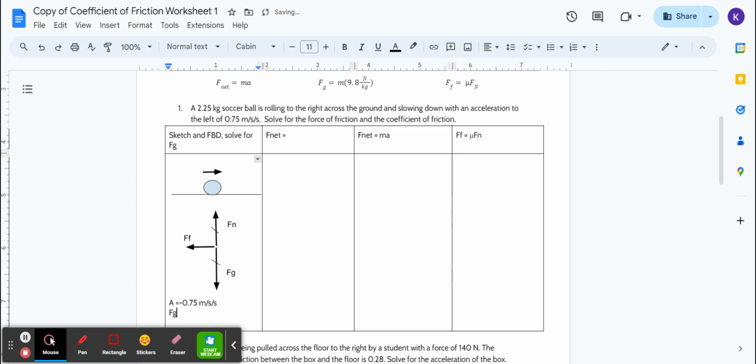So to solve for FG, I'm going to do 2.25 kilograms times 9.8 newtons per kilogram. Plug that into my calculator. And I got 22.05 newtons.